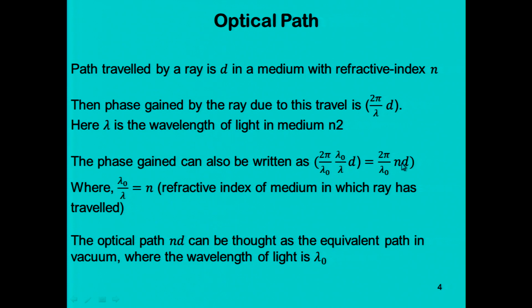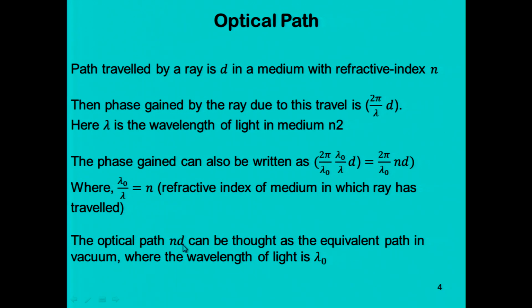Then you can call this effectively the path n d. So 2 pi by lambda naught is the k in vacuum, and if I multiply it with n times d, where d is the distance travelled times the refractive index of the medium in which it is travelling, this is the optical path.